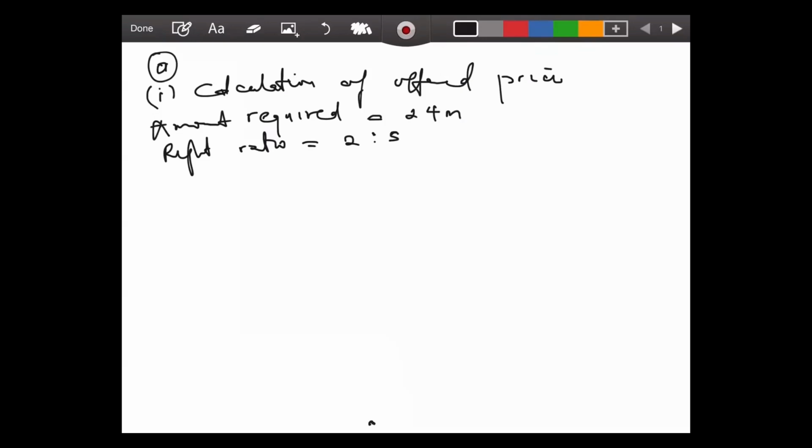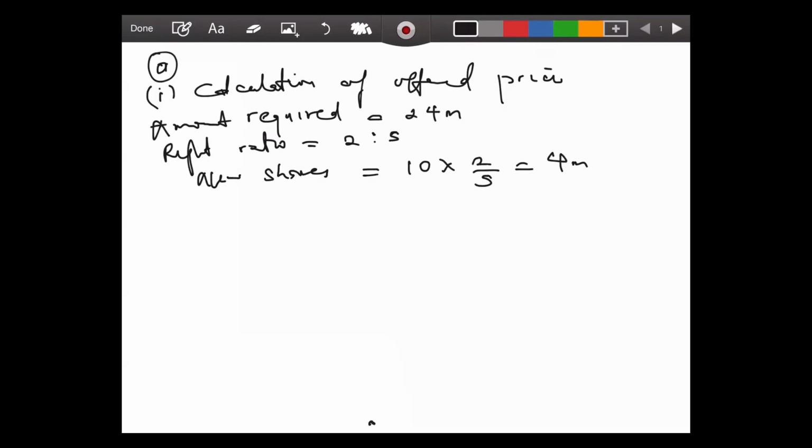So how many shares will be issued? The company currently has 10 million shares. So new shares will be equal to 10 million times 2 over 5. So this will give us 20 over 5. That's 4 million new shares.